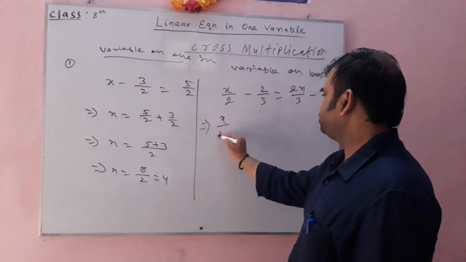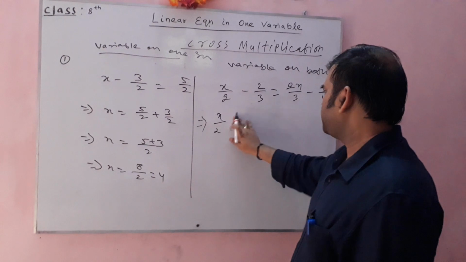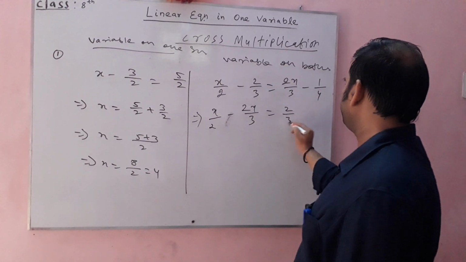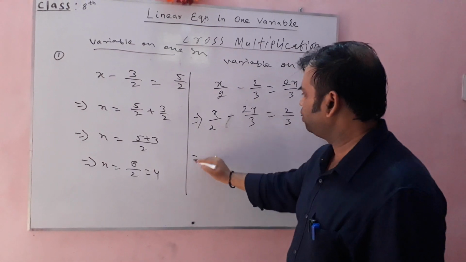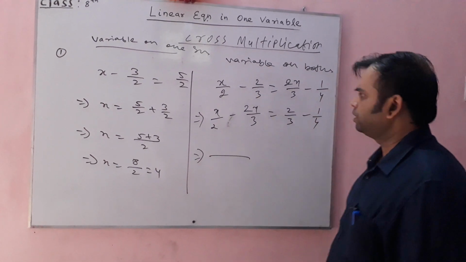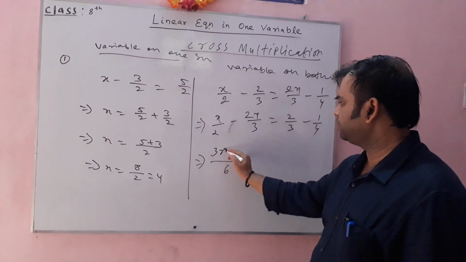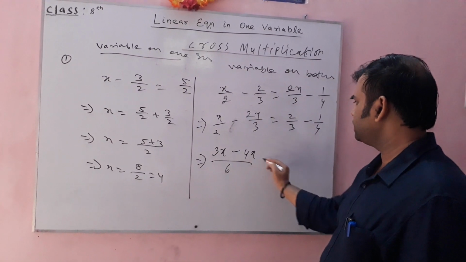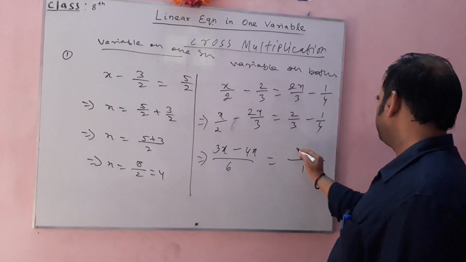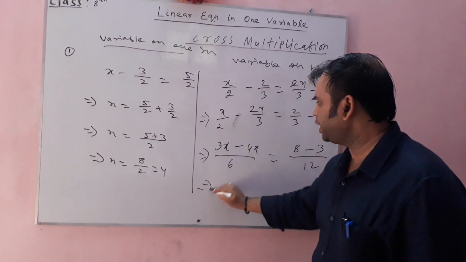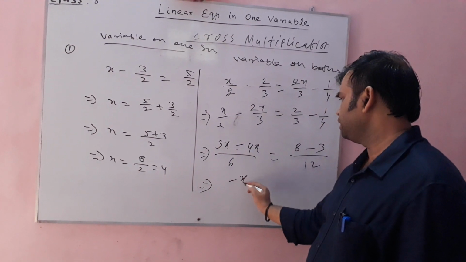So x by 2 minus 2x by 3 is equal to 2 by 3 minus 1 by 4. Here, the LCM of 2 and 3 is 6, so 3x minus 4x is equal to, with LCM 12, 4 into 2 is 8 minus 3. So what is the value here? 3x minus 4x is minus x.